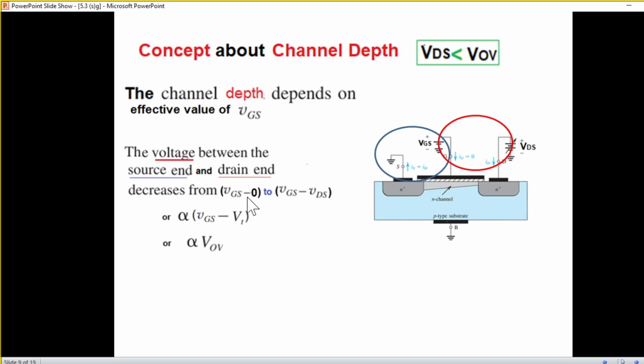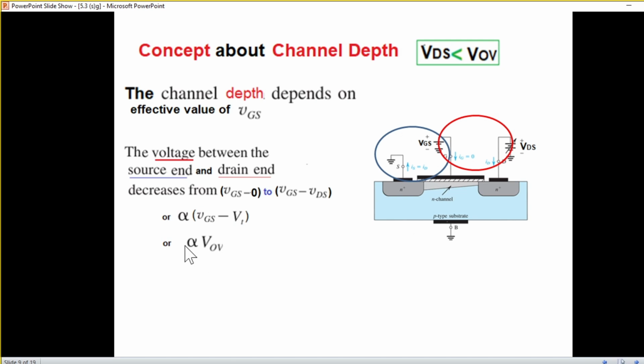And now we can relate that the depth is proportional to VGS minus VT, because VT is constant, and a constant subtracted from a fixed value does not affect. So we can say it is proportional to VGS minus VT, and VGS minus VT we know is actually VOV.